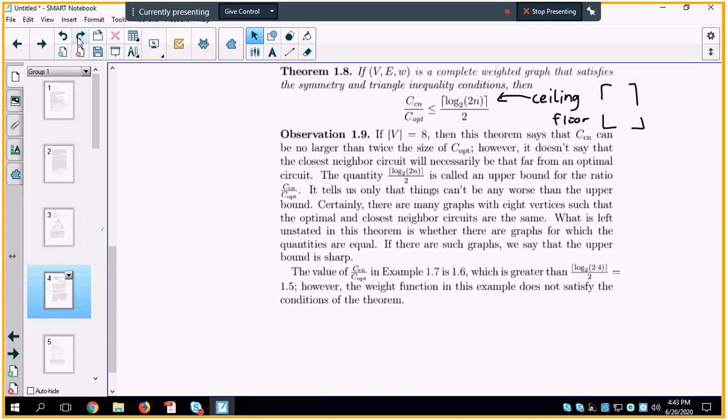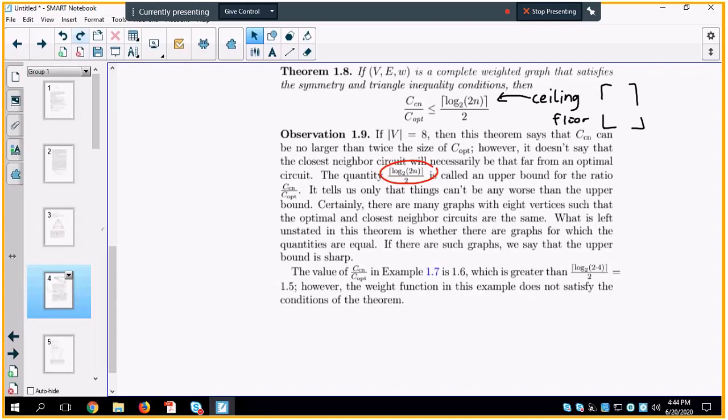So this is what's called an upper bound. The ceiling of log base 2 of 2n divided by 2 is an upper bound for the ratio of the cost of the closest neighbor algorithm divided by the cost of the optimum. It tells us only that things can't get worse than the upper bound. We can be smaller than the upper bound. It just tells us that it can't be any larger.